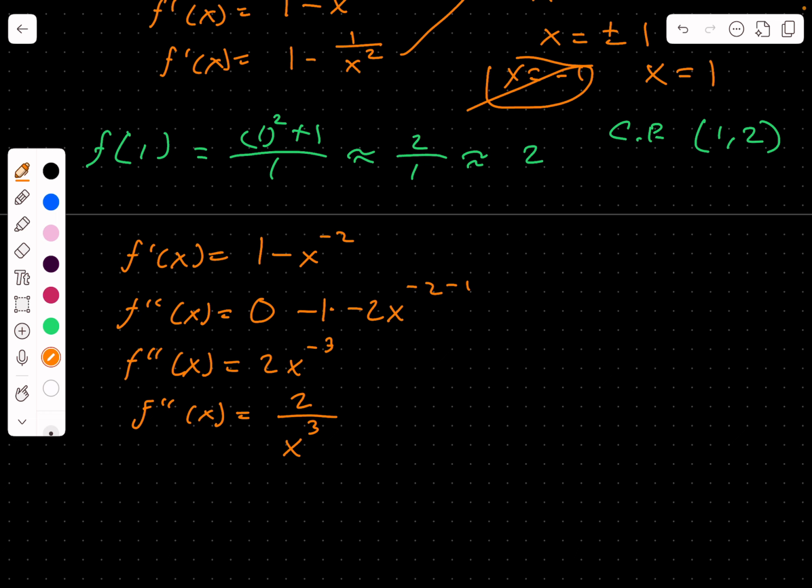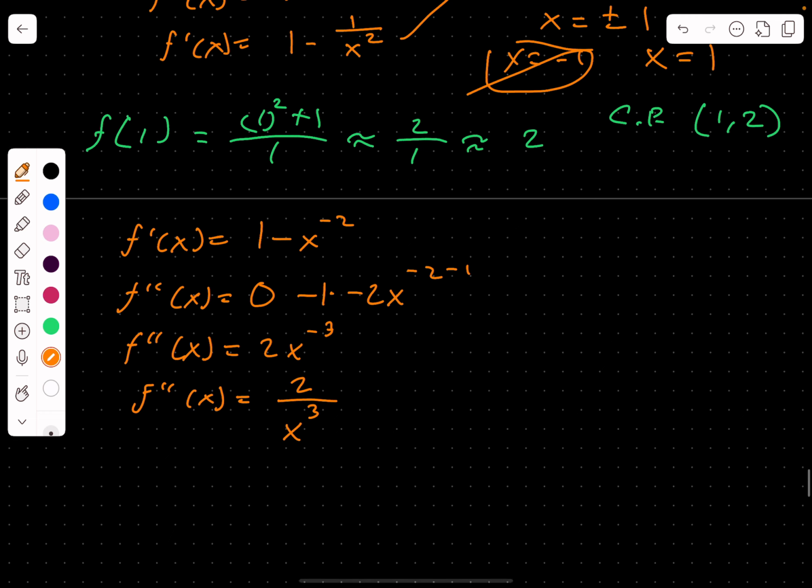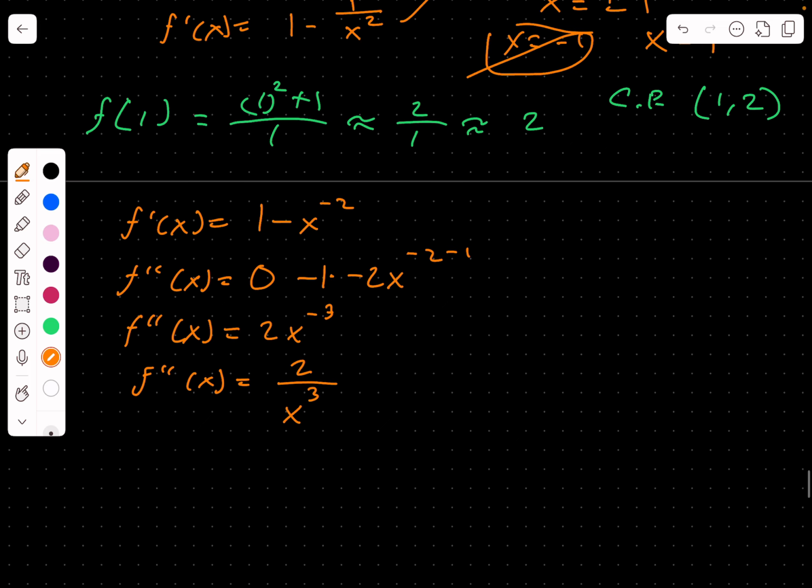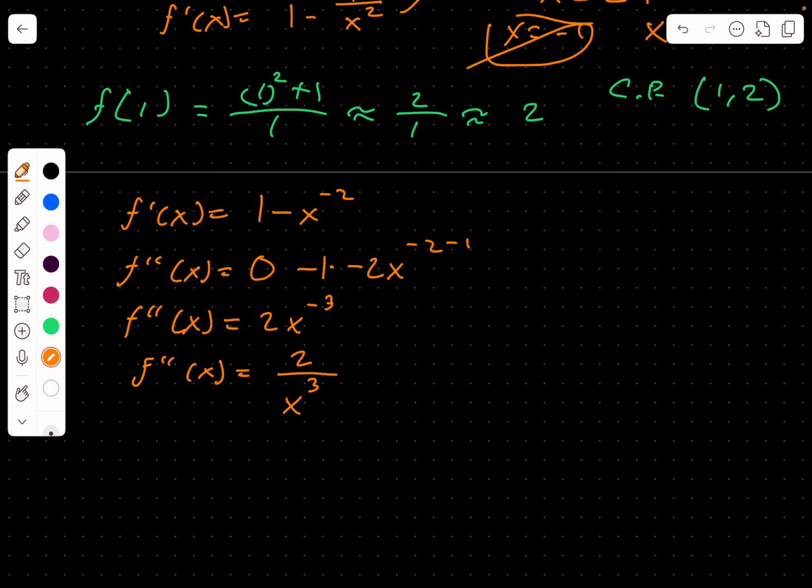Now, we can figure out if our critical point is going to be a min or a max just by plugging it in. Let's plug it in. We get f double prime of 1 equals 2 over 1 to the third power, which is literally, oh wow, that's kind of ugly.